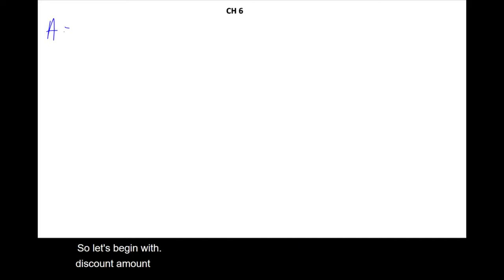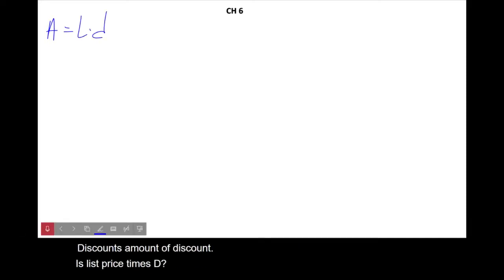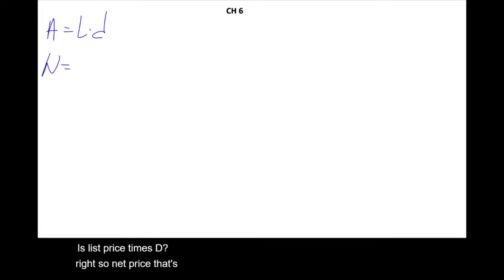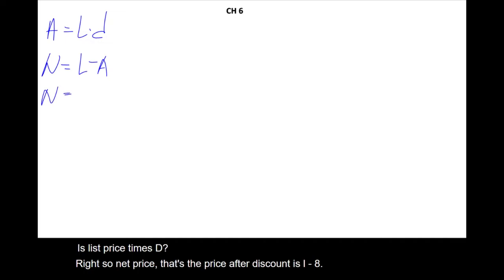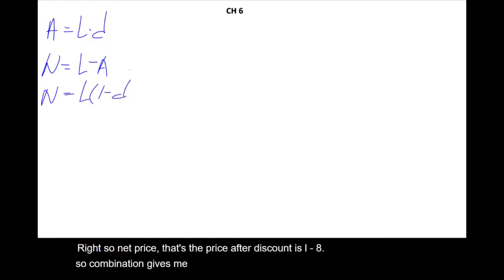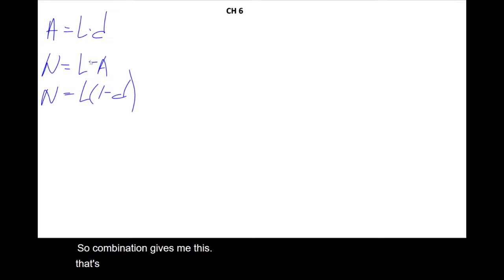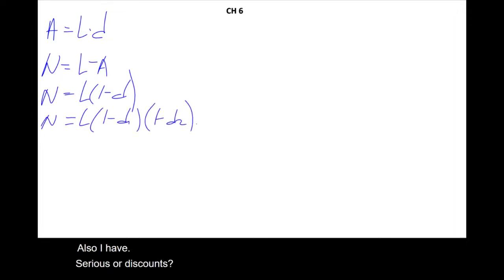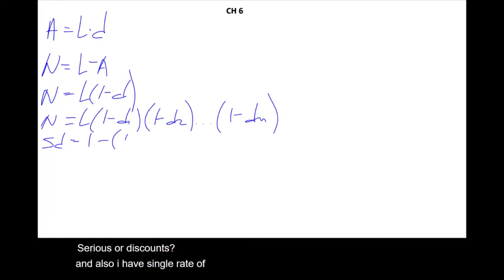discount. So amount of discount is list price times D, right? So net price, that's the price after discount, is L minus A. So combination gives me this, that's net price factor, 1 minus D. Also, I have a series of discounts, and also I have single rate of discount.